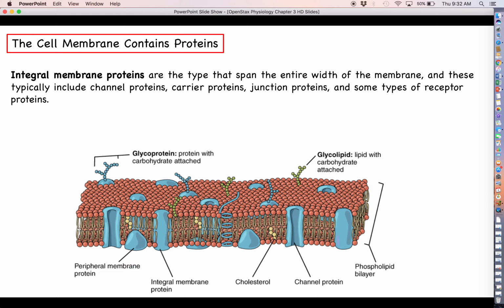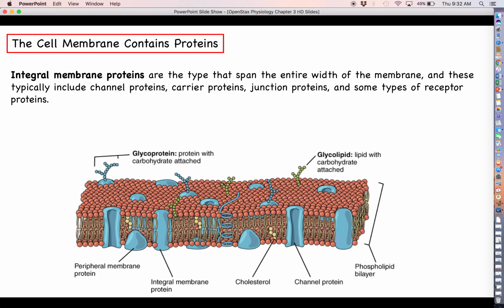The first is called an integral membrane protein. These are the type that basically go all the way through the membrane, meaning they are completely stuck in the entirety of the membrane. So this is going to include proteins like channel proteins, like what you see here. This looks kind of like a tunnel that goes all the way through the membrane. You'll notice it goes from one side to the other.